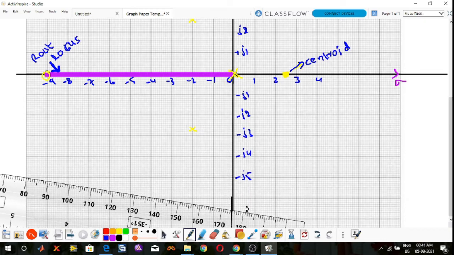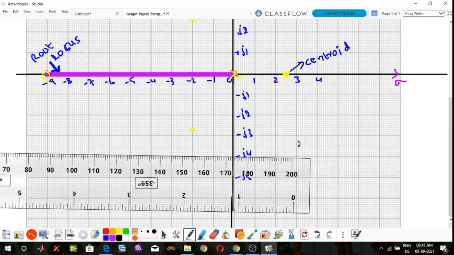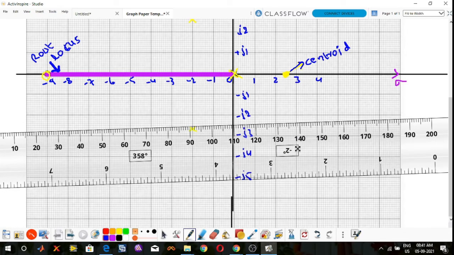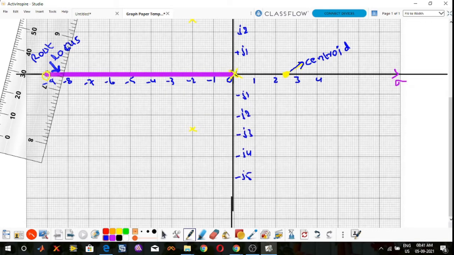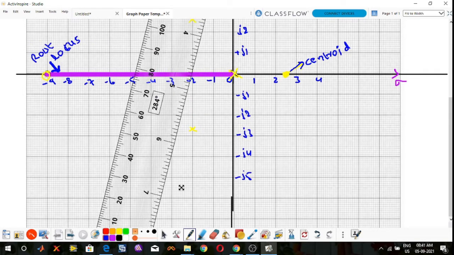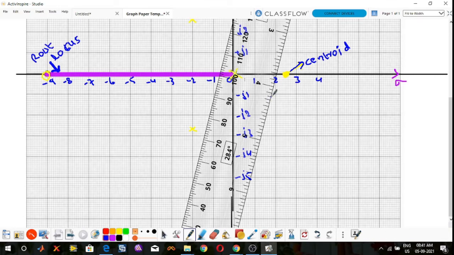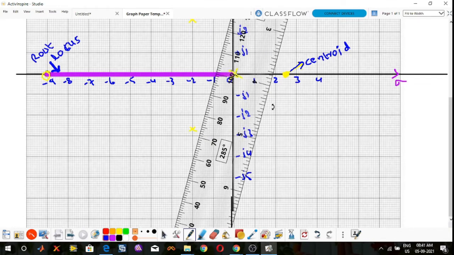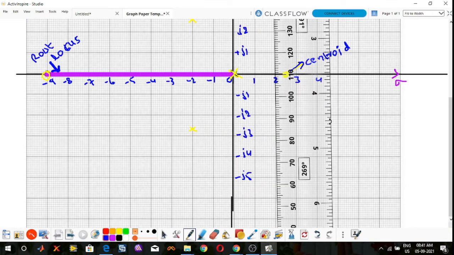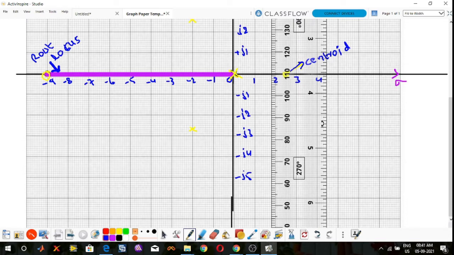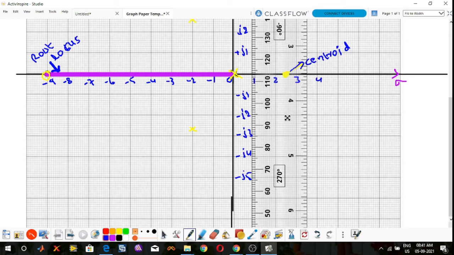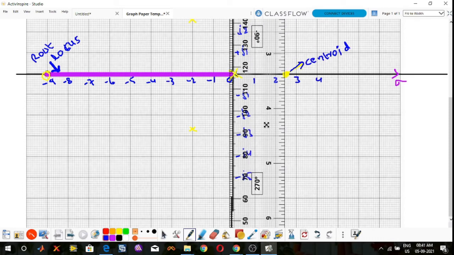Measure the angles of asymptotes. What are the angles of asymptotes? If q is equal to 0, plus or minus 90 degrees, and if q is equal to 1, plus or minus 270 degrees, or minus or plus 90 degrees.